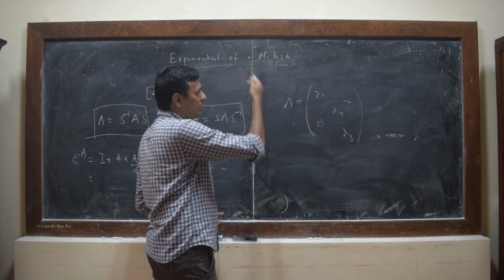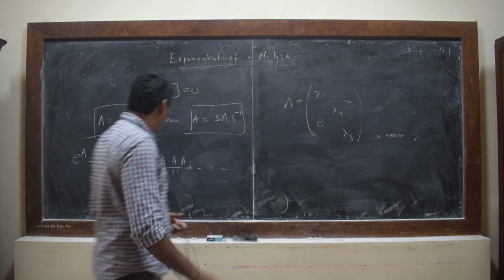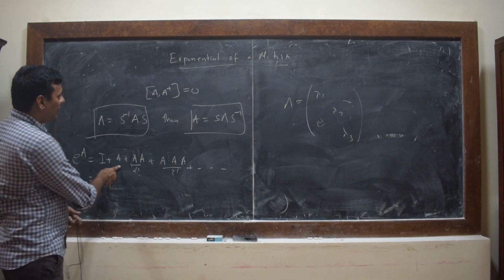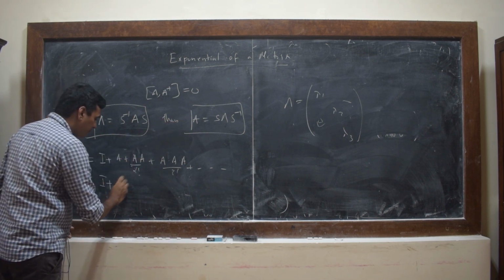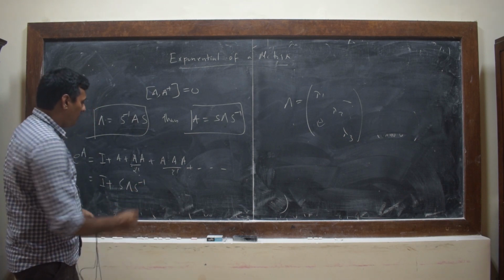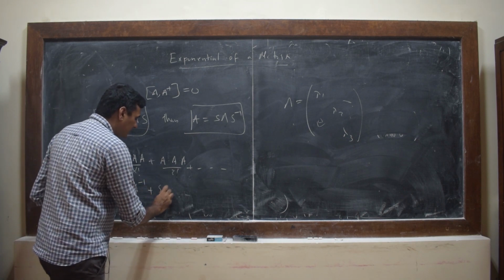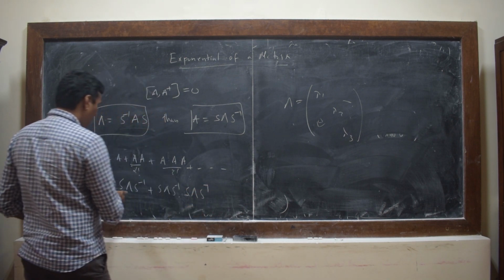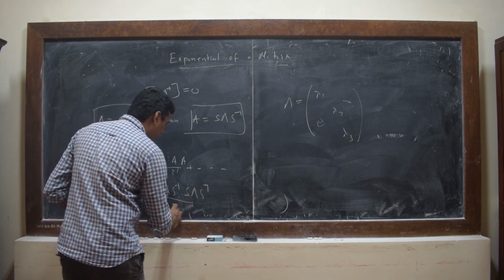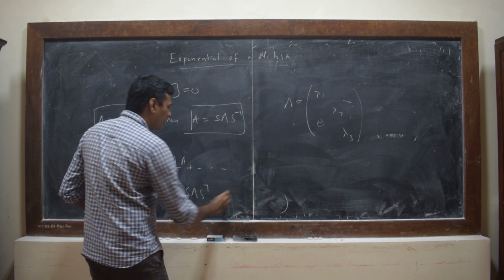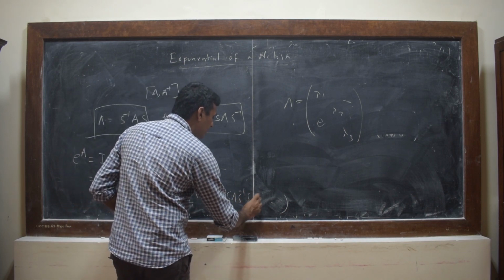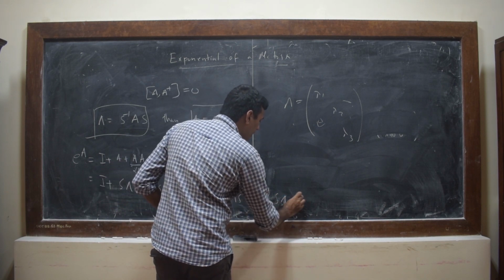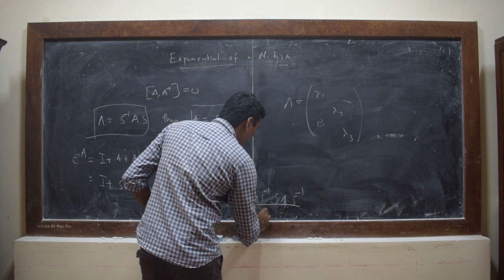So this is equal to identity plus S lambda S inverse plus S lambda S inverse into S lambda S inverse divided by 2 factorial plus S lambda S inverse S lambda S inverse S lambda S inverse divided by 3 factorial plus etc.